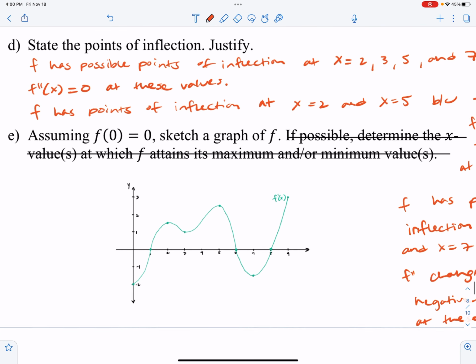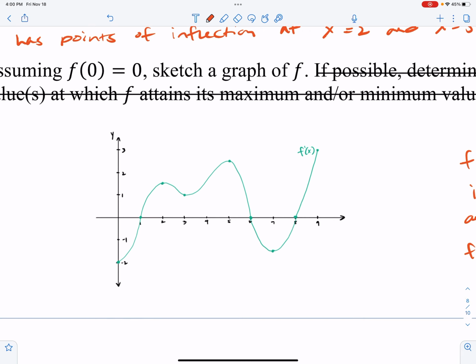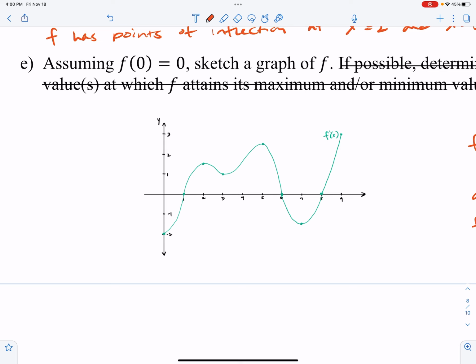Okay, and then this last question is asking us to sketch the graph. So I've copied and pasted the graph of f prime, but we want to sketch the graph of f. So that means we're going to have to interpret all the information that we've collected about the graph of f prime to get the graph of f.